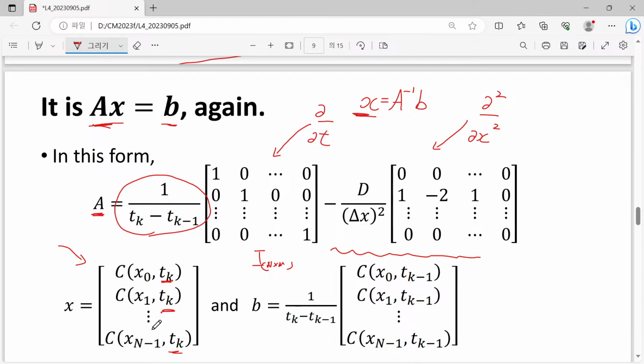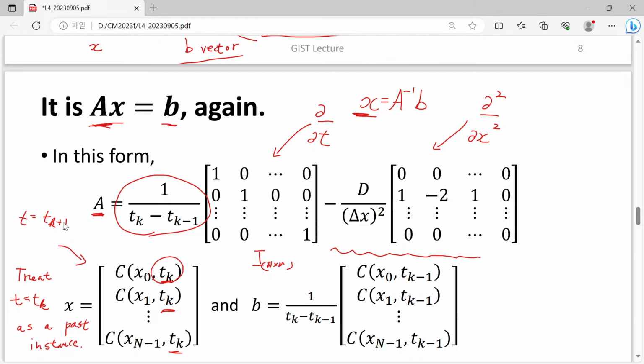Once you get the quantities at t sub k, then in the next step, please treat t equal to t sub k as the past time instance. Instead, treat t sub k plus 1 as the new present time instance.